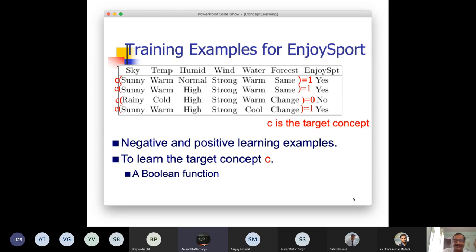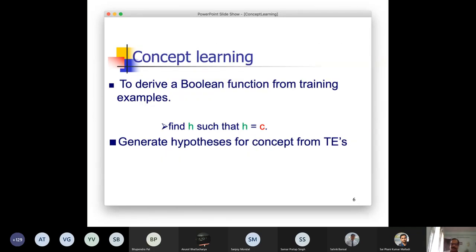That's right, not 2 to the power 62. So everybody agrees? Which means you have so many possible hypotheses, and out of them, one is actually the target concept. So you try to understand the challenge in this problem.